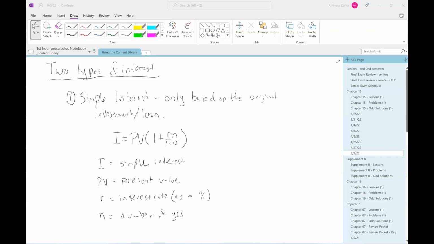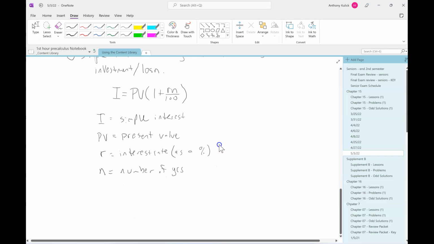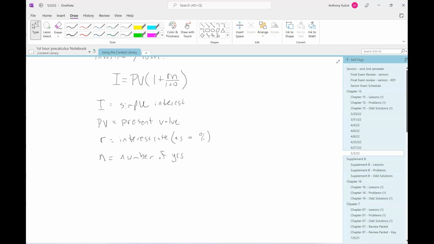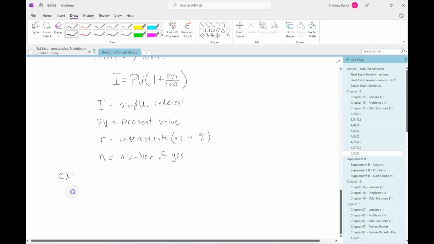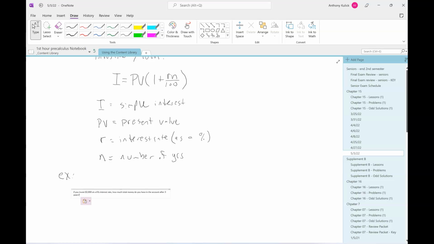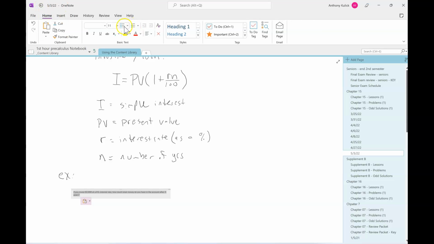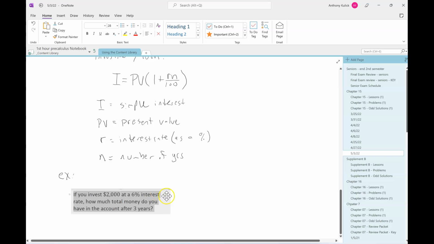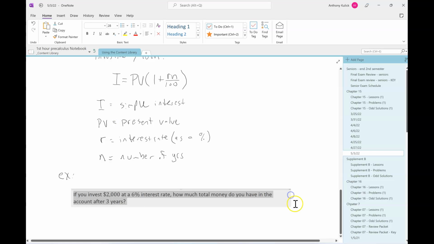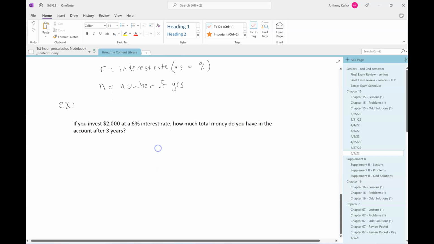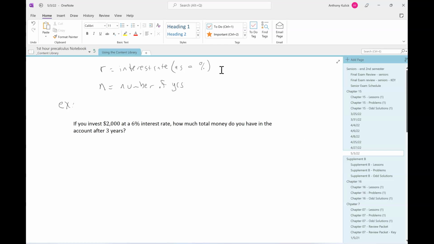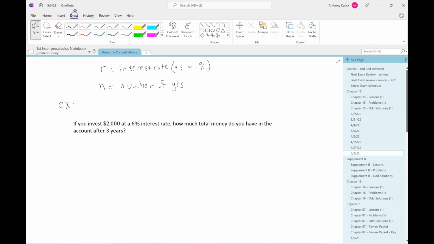So let's look at an example here. Assuming we have simple interest, if you invest $2,000 at a 6% interest rate, how much money do you have in the account after 3 years?